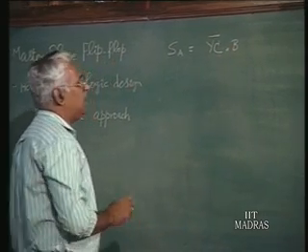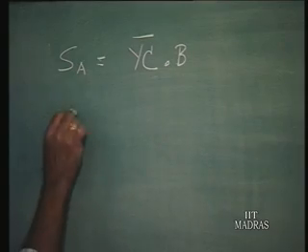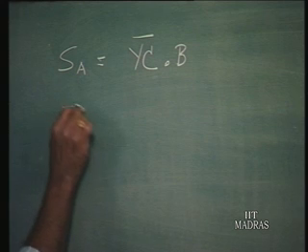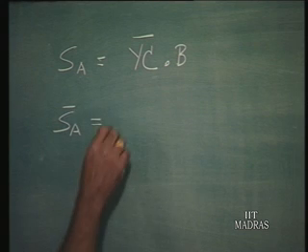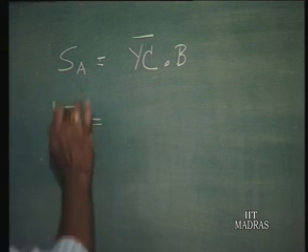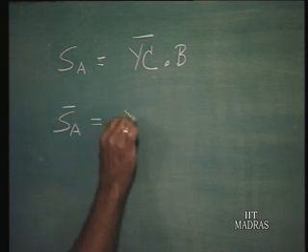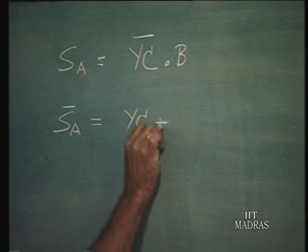From this we get the equation for SA bar, where we are applying De Morgan's laws, which you would have learned in the switching theory logic design course. The complement of this will be yc or b.